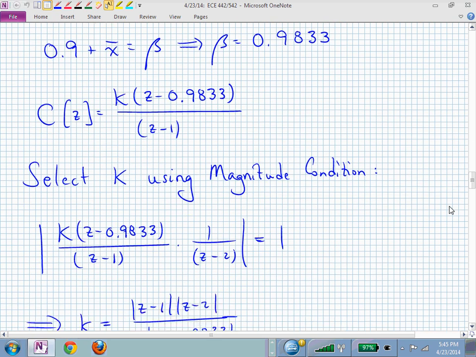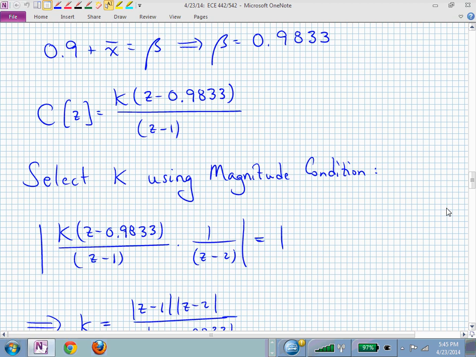We get K from the magnitude condition, which just means the controller times the plant, that magnitude needs to equal 1 at the triangle. And so we adjust K to get us to that point. We're cranking up the gain K to get us right to that triangle on the root locus. The root locus, we now know, passes through that triangle based on our phase angle condition.